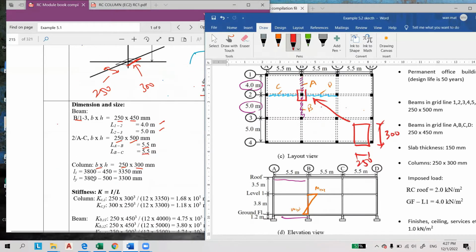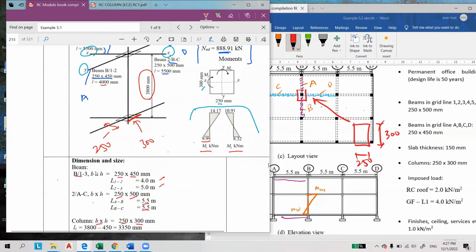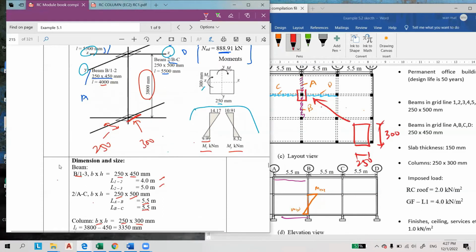So the LZ is the effective length of the Z axis. This one is 550.